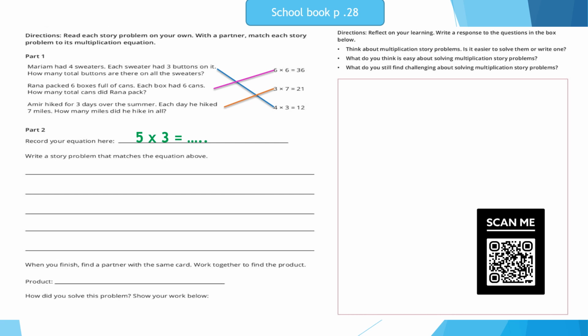If we said Mazen had 5 bags, each bag had 3 chocolates. How many chocolates are there in the bags? So we will multiply 5 times 3 to match this equation.